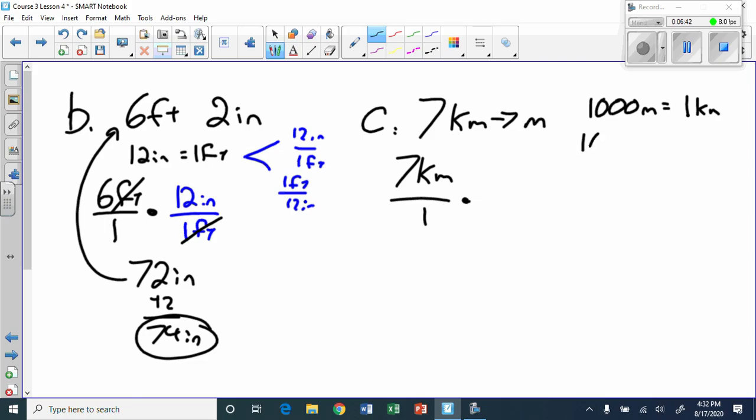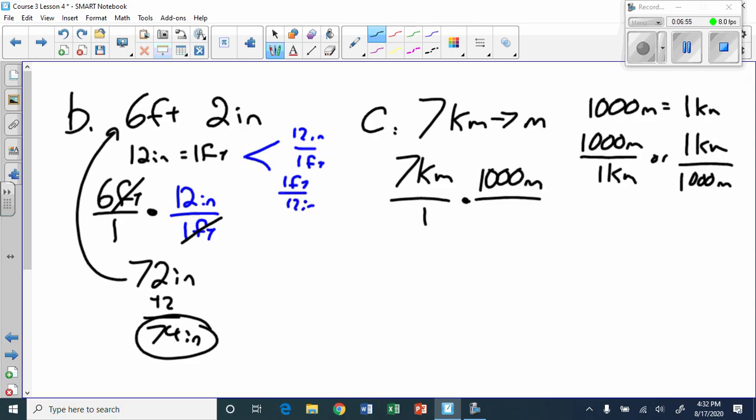So it's either 1,000 meters over 1 kilometer, or 1 kilometer over 1,000 meters. So I'm going to multiply this by 1,000 meters over 1 kilometer. Cancel. 7,000 meters.